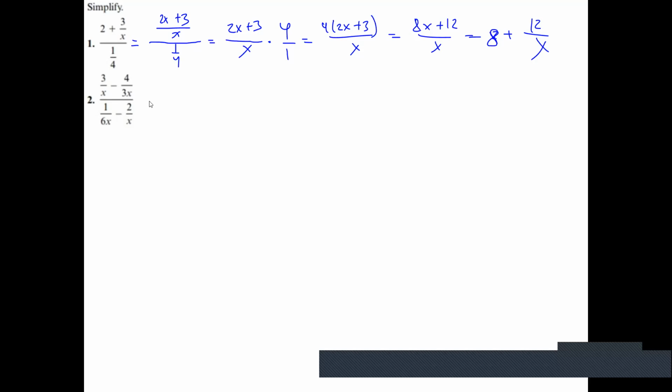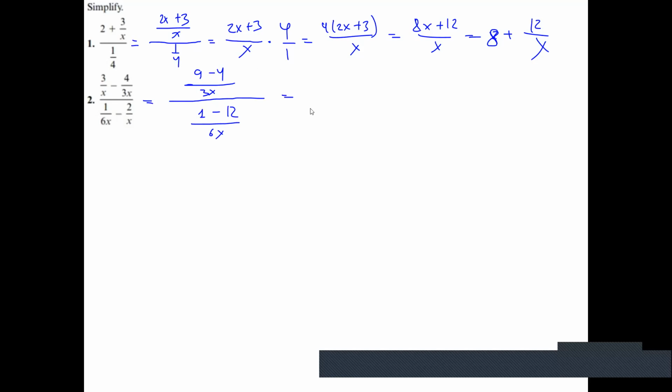So this one, what I have here, 3x, 9 minus 4. Here I have 6x, 1 minus, what is it, 12, right?